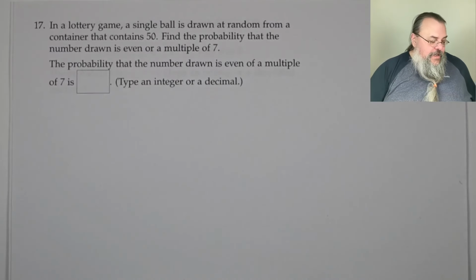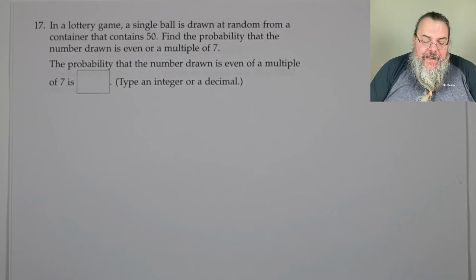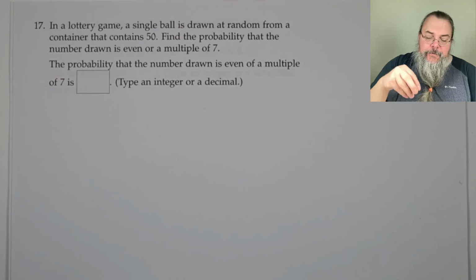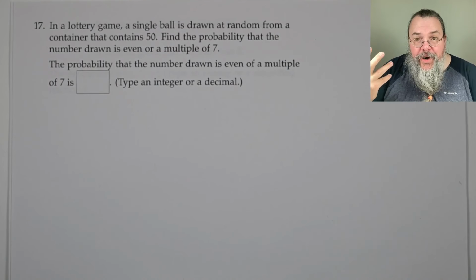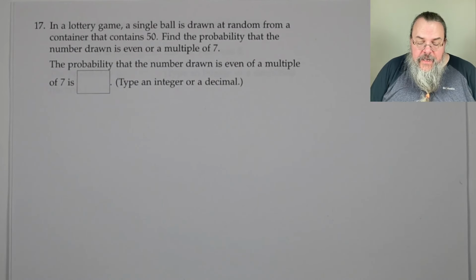Okay, moving on. Number 17. In a lottery game, a single ball is drawn at random from a container that contains 50 balls. Find the probability that the number drawn is even or a multiple of 7.